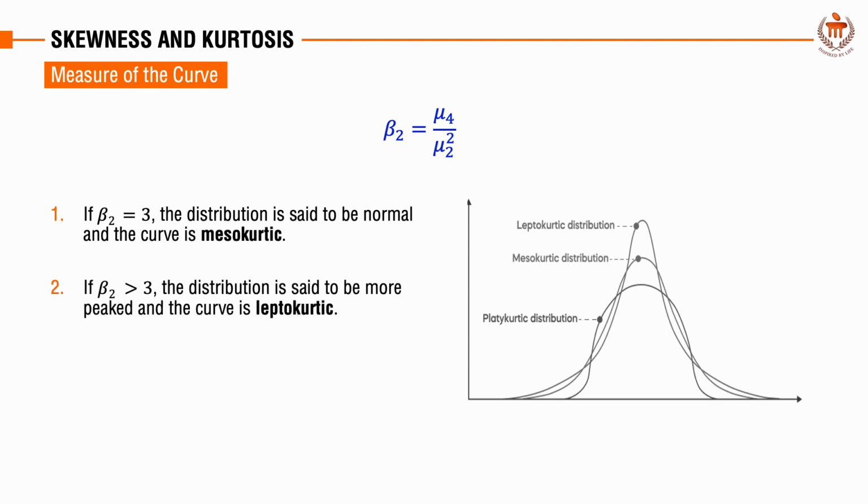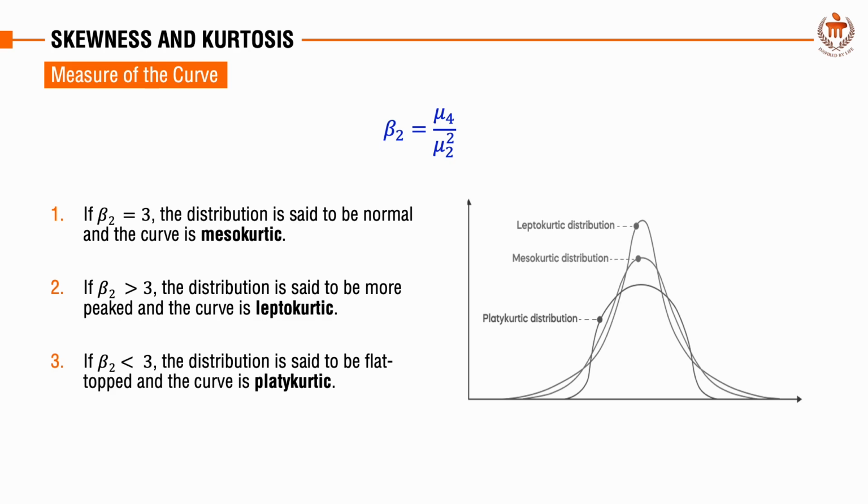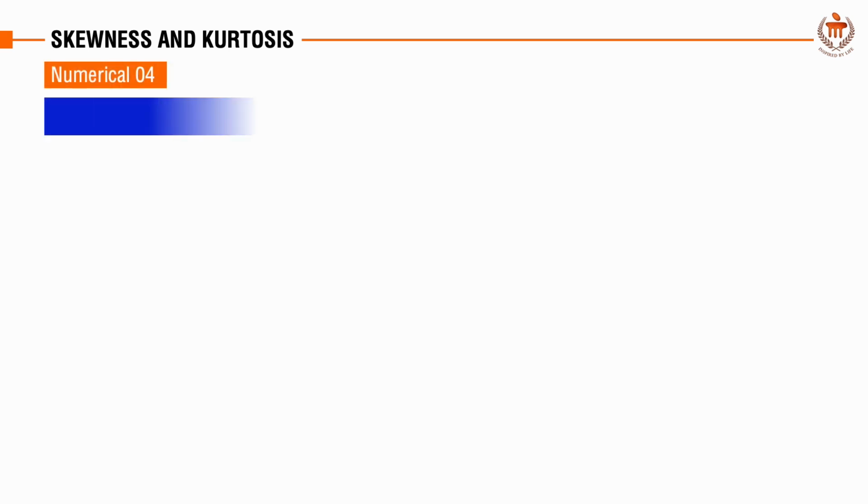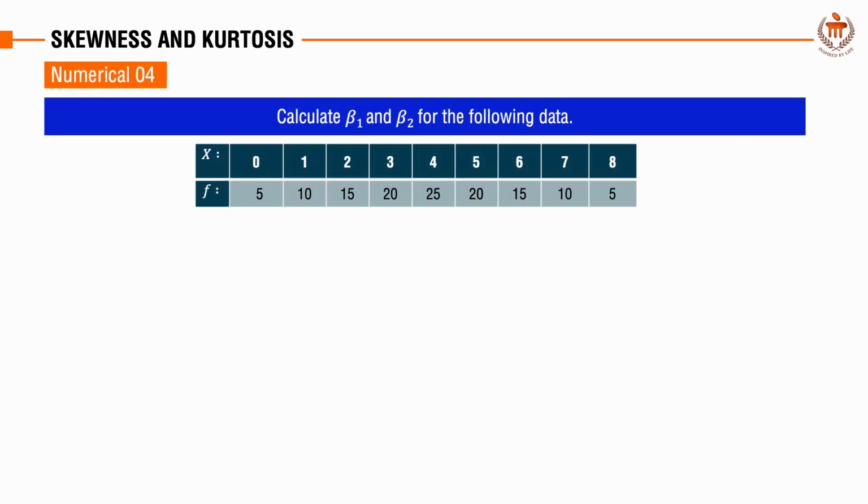If beta 2 is greater than 3, the distribution is said to be more peaked and the curve is called leptokurtic. If beta 2 is less than 3, the distribution is said to be flat topped and the curve is platykurtic. Now for the given numerical, we have to calculate beta 1 and beta 2.